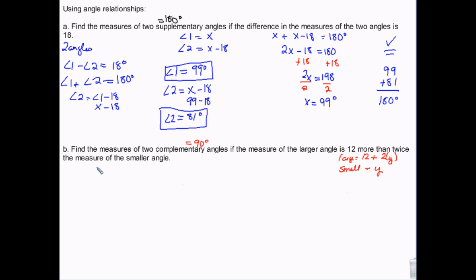So I'm going to add those two together. The large plus the small is going to equal 90 degrees. The large is 12 plus 2y, and the small is y. 2y and y gives me 3y. I subtract 12 from both sides.